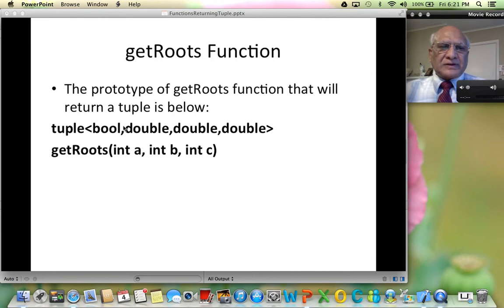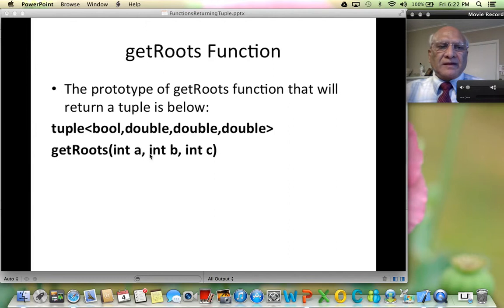When roots are real, which means this is true, then there are two real roots and we'll populate them into these two, and the third is the imaginary, which we'll set to 0. But if it is false, that means roots are imaginary. Then we'll have 2 real roots and 1 imaginary root, and we'll populate all 3 of them.